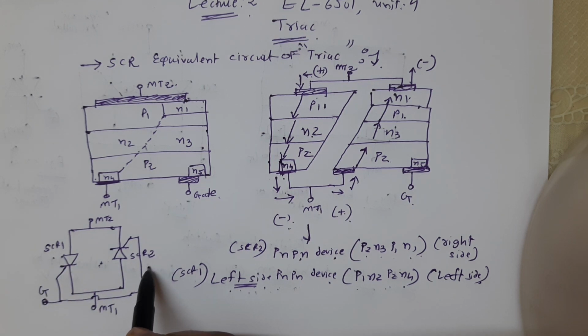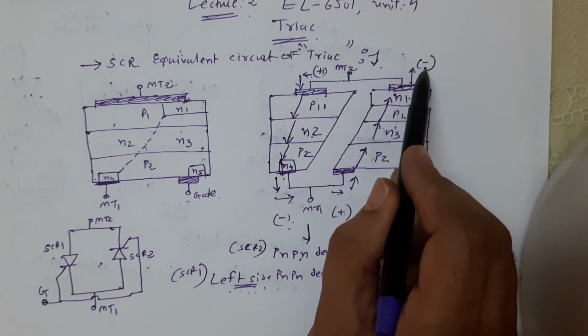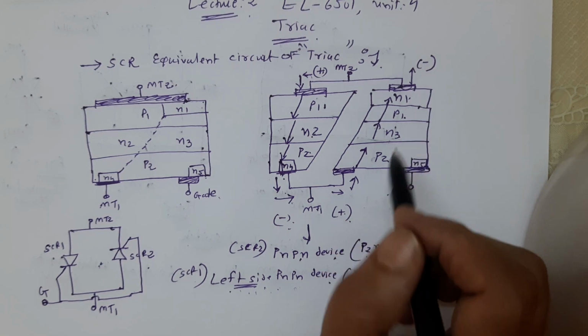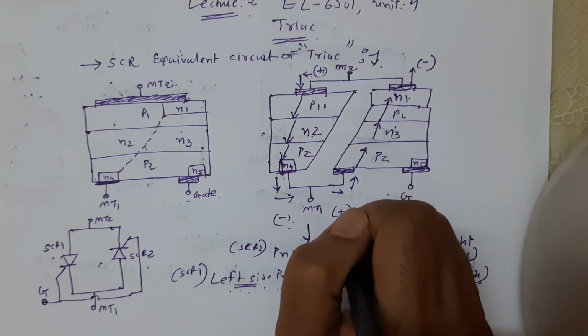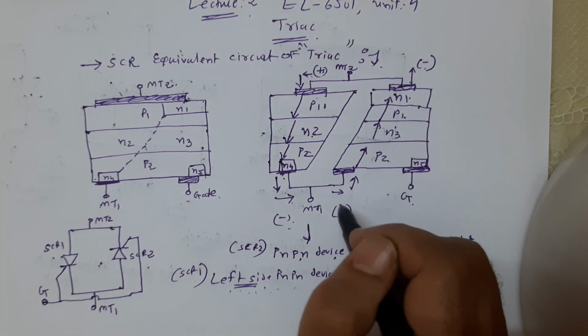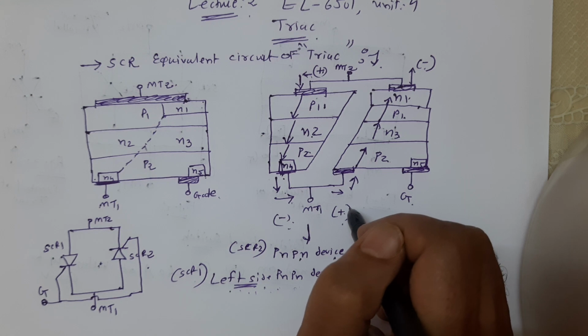Now suppose MT2 is negative and MT1 is positive. At that time, with proper gate current, the triac will be fired into conduction.